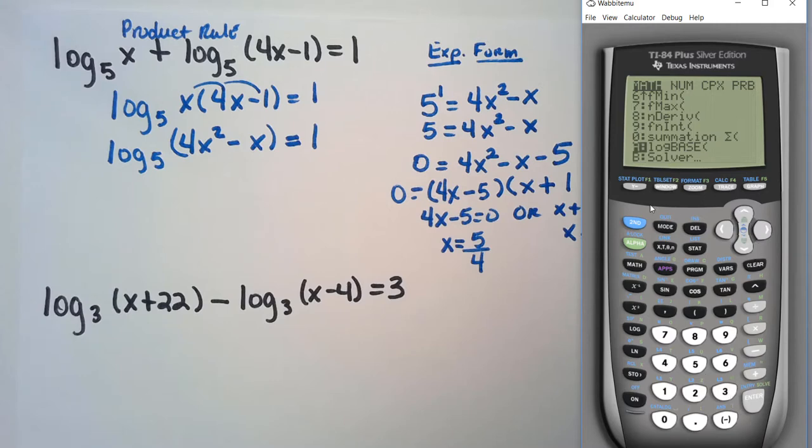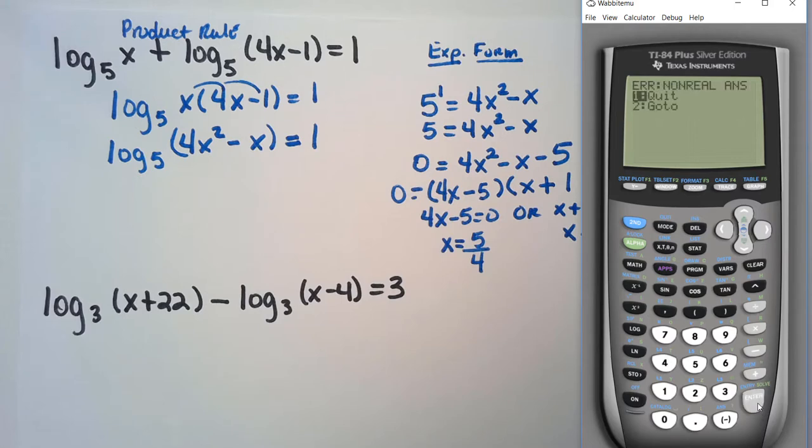Okay, I want you to see this. If you click on math, go all the way down to the bottom, and I want to say these are with the TI-84s, not the 83s. But you have this feature where it says log base, where you can actually enter a different base. So I'm going to press enter here. My base here is 5, and then I'm going to put in negative 1. I want you to see what happens. Now I'm going to press enter.